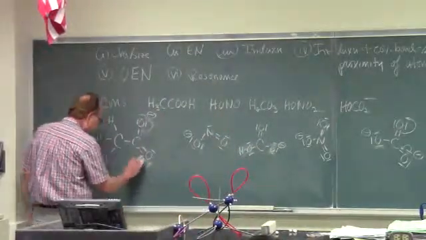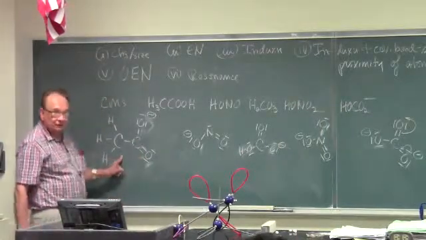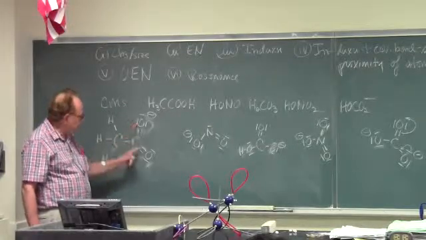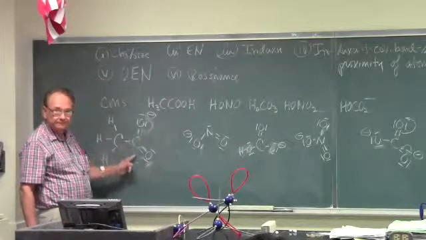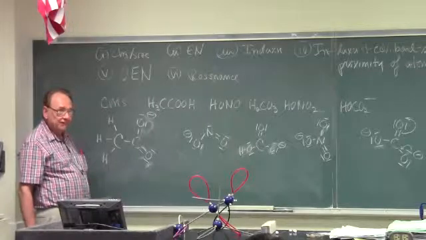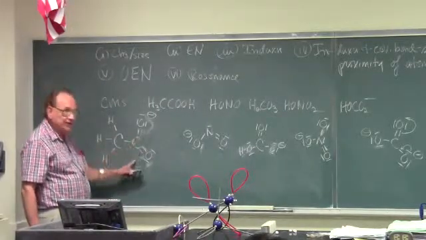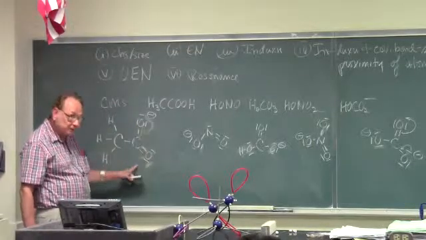Tell me. Because this thing shows resonance, what's the true formal charge on these oxygen atoms? What is it? True formal charge on these oxygen atoms. Is it the case that one's -1 and the other one's 0?